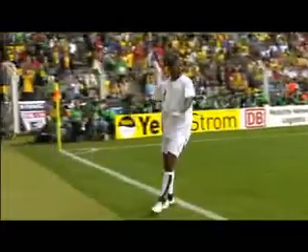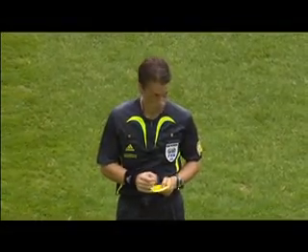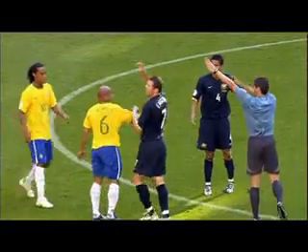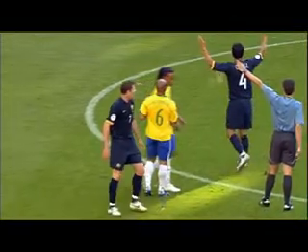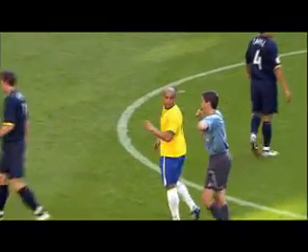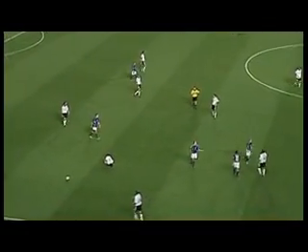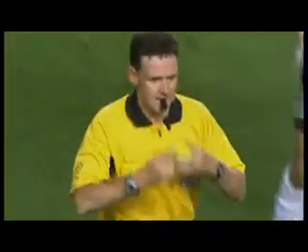Players are also cautioned for showing dissent, either by word or action. A player who persistently infringes the laws is also cautioned.